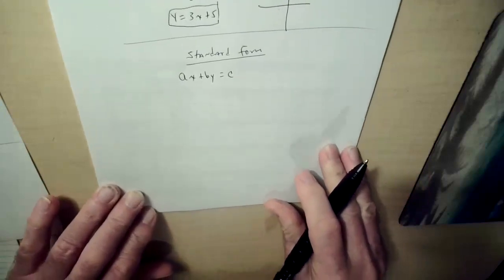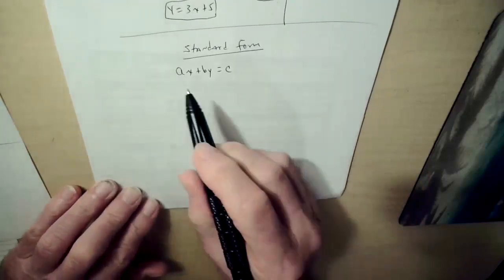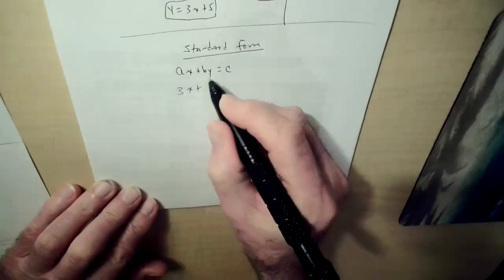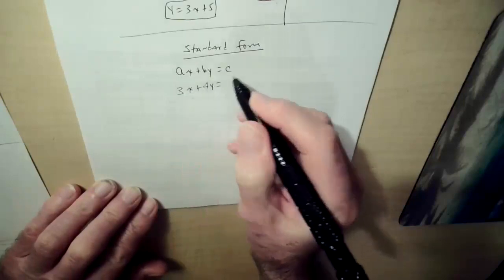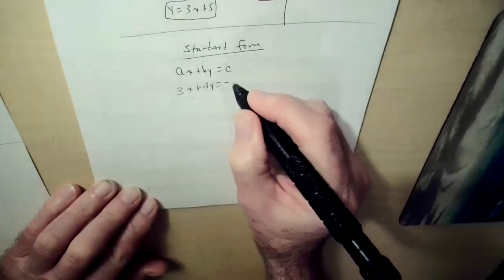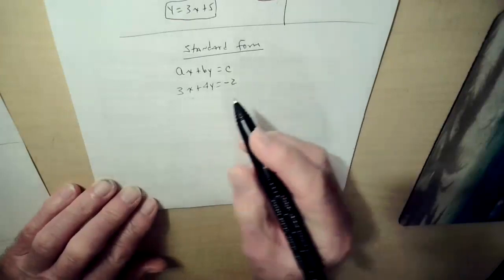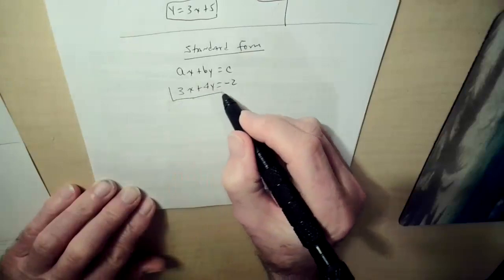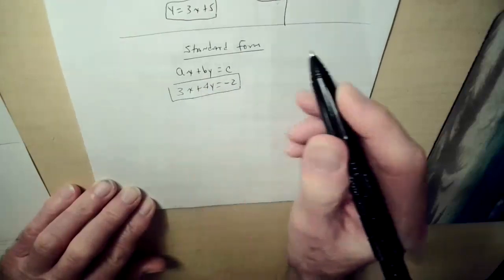Ax + By = C. If we have 3x + 4y = -2, is this standard form? Yes. This is standard form.